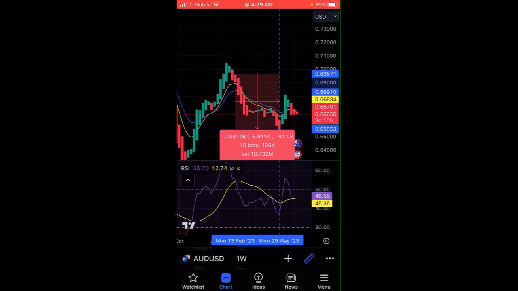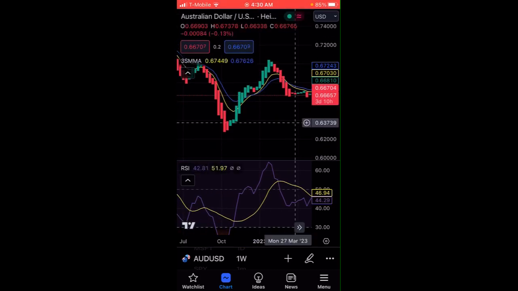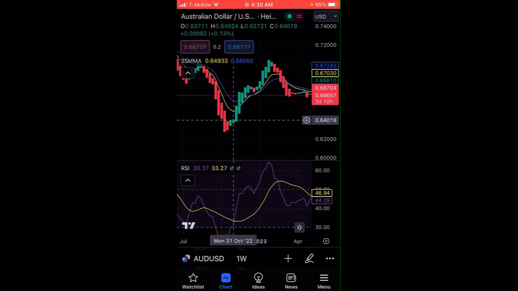You'll notice that the Japan dollar moves a lot faster, and it moves a lot more than the Australian dollar. So there's a big difference in the pips. So if you had $1 lot size, you would have made $4,000 right there. Let's look again for another cross. It happened right here.